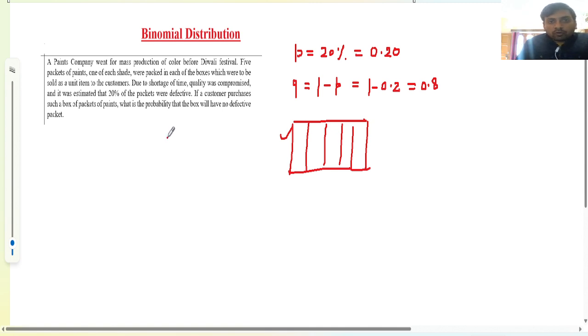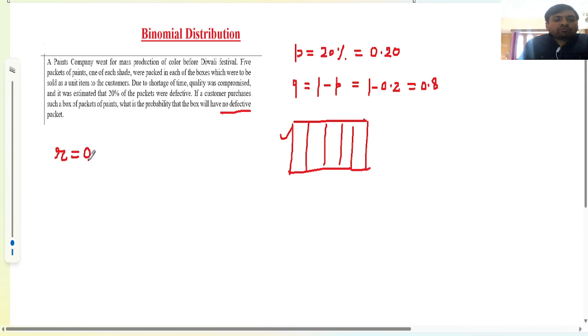No defective packet means R equals 0. R is the number of defects: 0 defect, 1 defect, 2 defects. In this case there is no defect, that's why we are writing R equals 0.